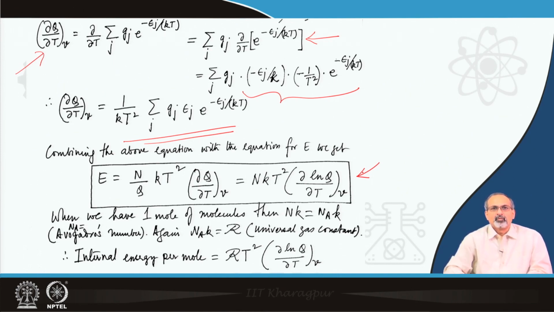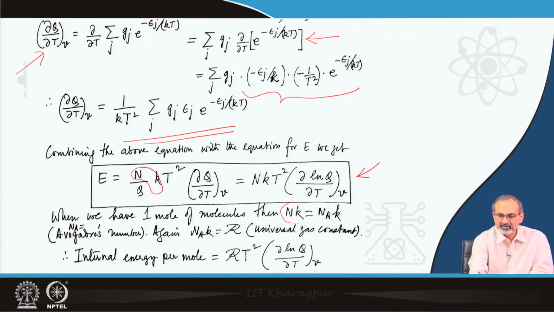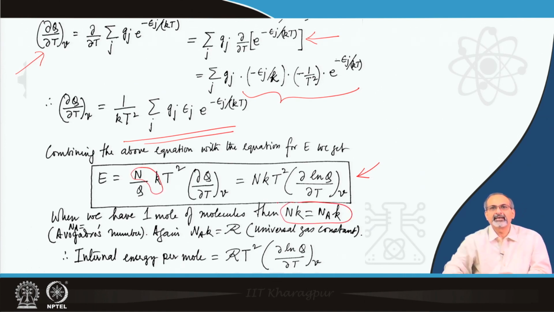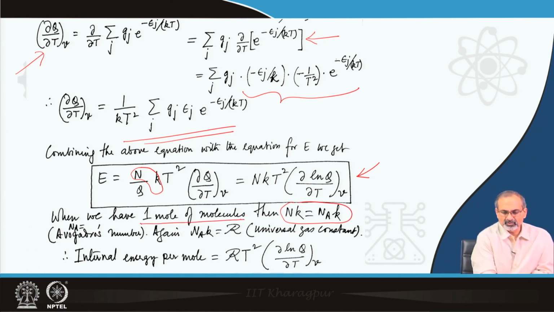Now, when we have 1 mole of molecules, then of course the N k, the product that you have over here, will be replaced by N A times k, where N A is the Avogadro's number, because that is going to be the number of molecules when you are considering 1 mole.